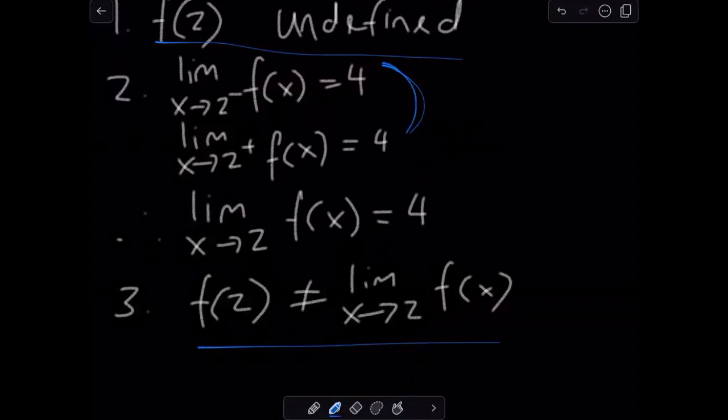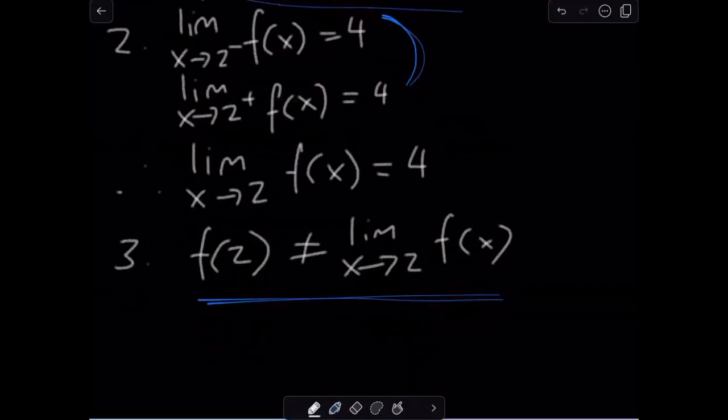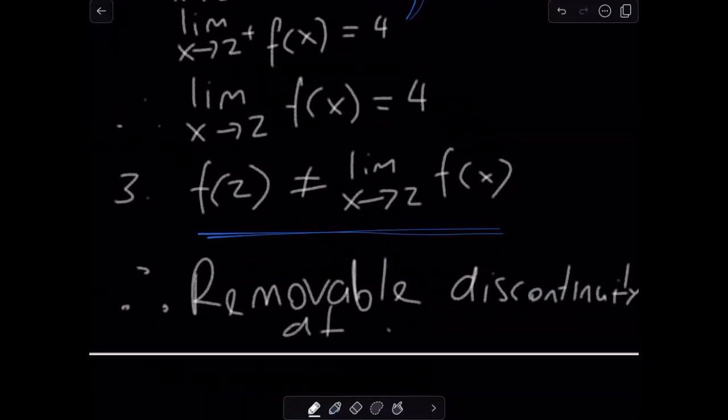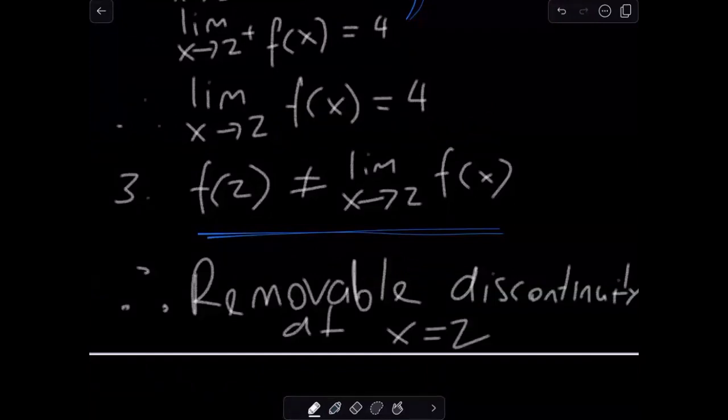So just by looking at condition 2, the one-sided limits are equal, and the fact that f of 2 is not equal to the full limit, I know that this is a removable discontinuity. Okay, so removable discontinuity, let's write out the full word, at x is equal to 2. Okay, and that's how you handle this example.